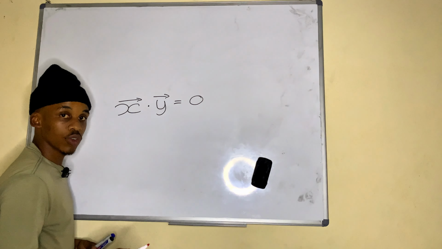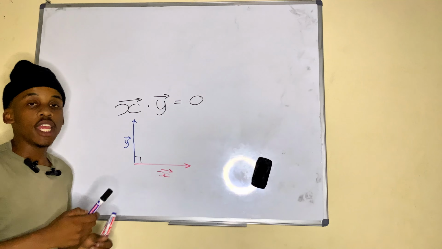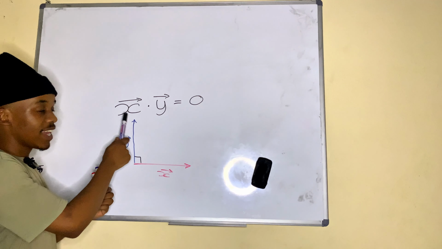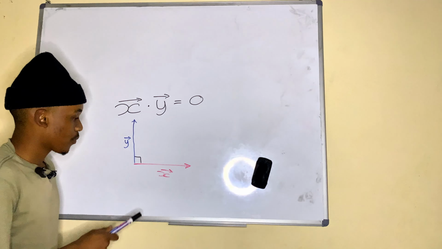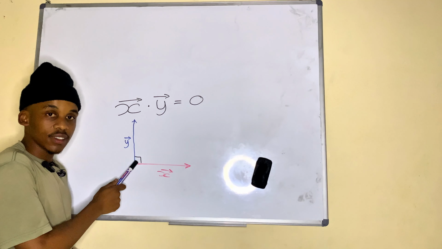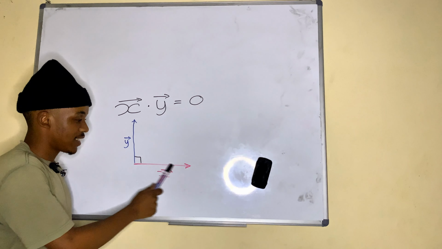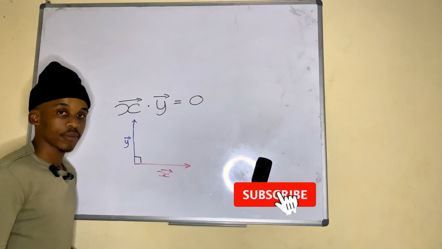So let's draw it graphically to illustrate. If the dot product of vector x and vector y equals 0, then it means that there is a 90 degree angle between vector x and vector y.